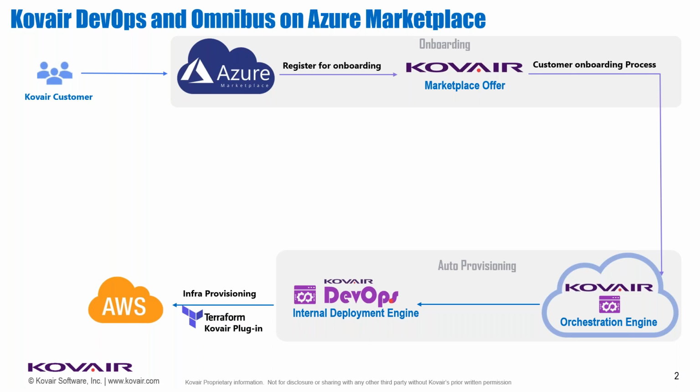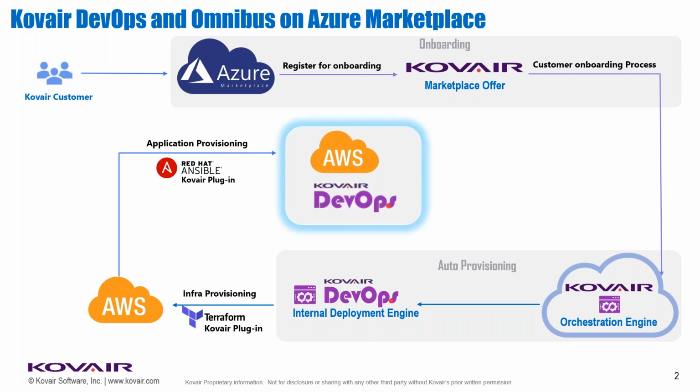And after successful infrastructure provisioning, the Kovair Red Hat plugin provisions the Kovair DevOps application on AWS.